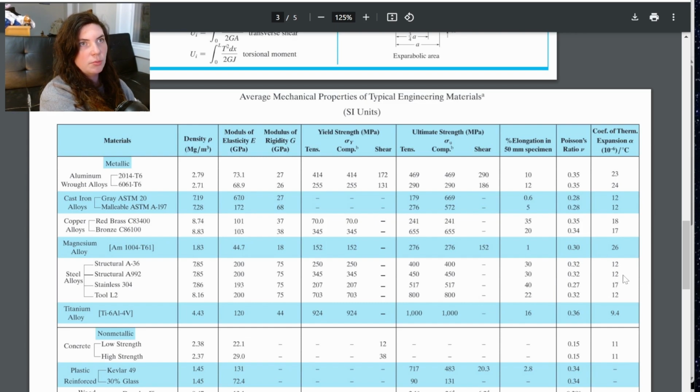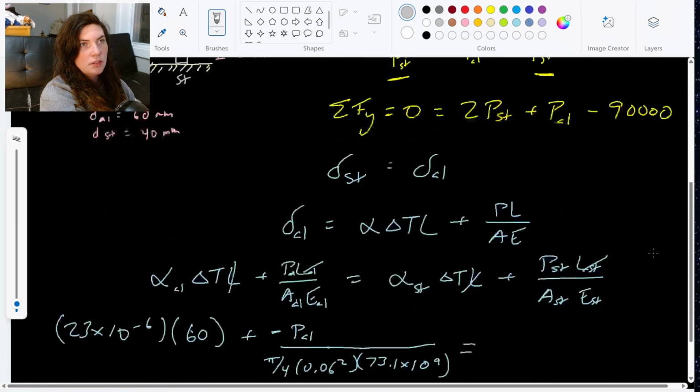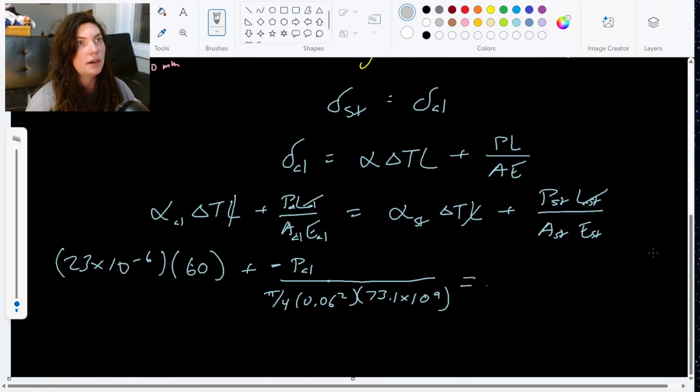His coefficient of thermal expansion is 12 times 10 to the negative 6 per degree C. All right, so that's our 12 times 10 to the negative 6 times delta T, again the same 60 degrees. I had a sign change in here because this is not plus, these are minuses in compression.